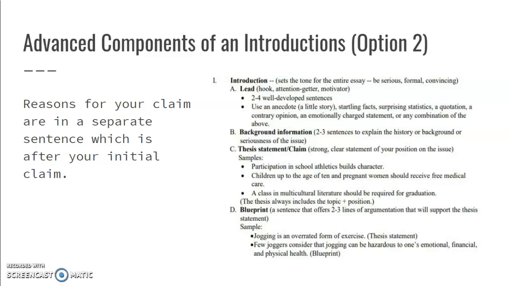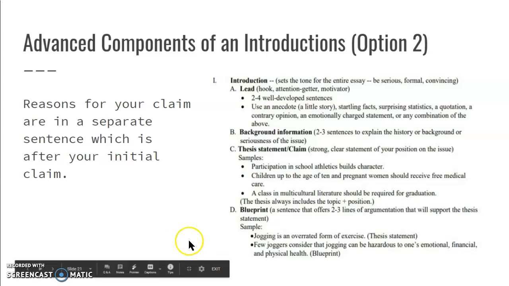However, here's where things are different. Your thesis statement will actually be broken in half. So you're going to give me your claim, your opinion, and then your blueprint. And your blueprint will be the reasons why you're saying what you're saying. It will be the support that you're going to discuss in the text.